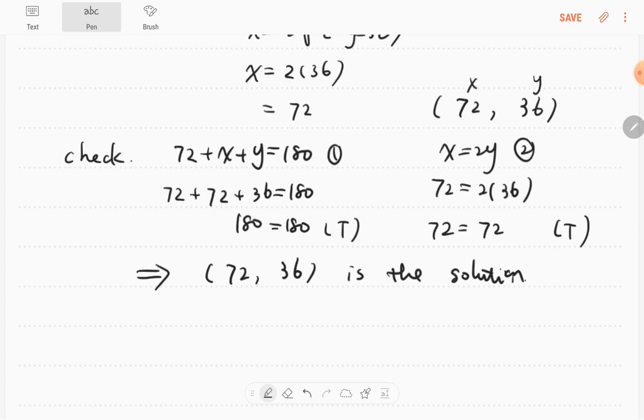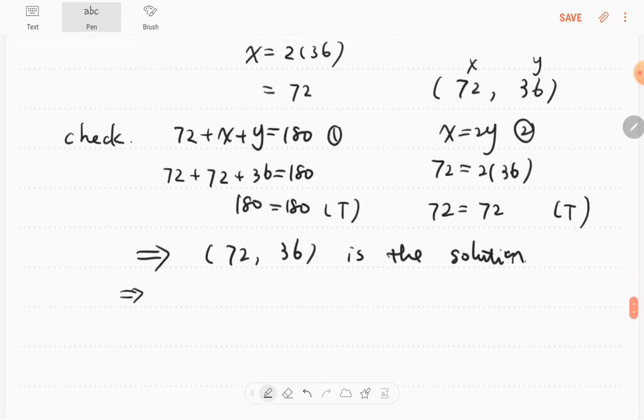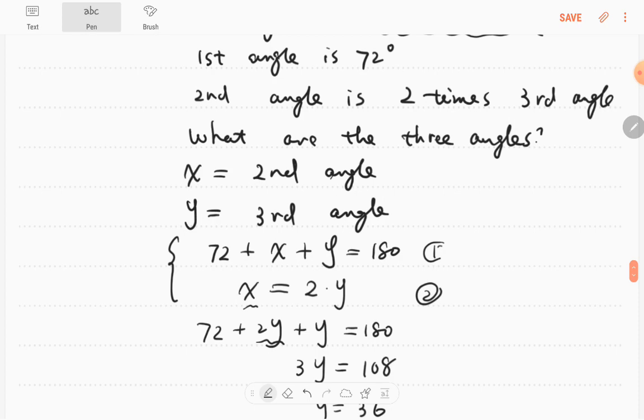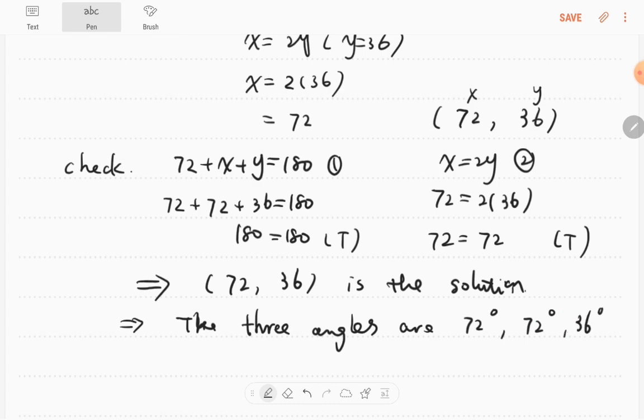But don't forget, it's a word problem. We need to rewrite our conclusion, interpreting it in a sentence. The question is asking what the three angles are. So the three angles are 72 degrees, 72 degrees, and 36 degrees.